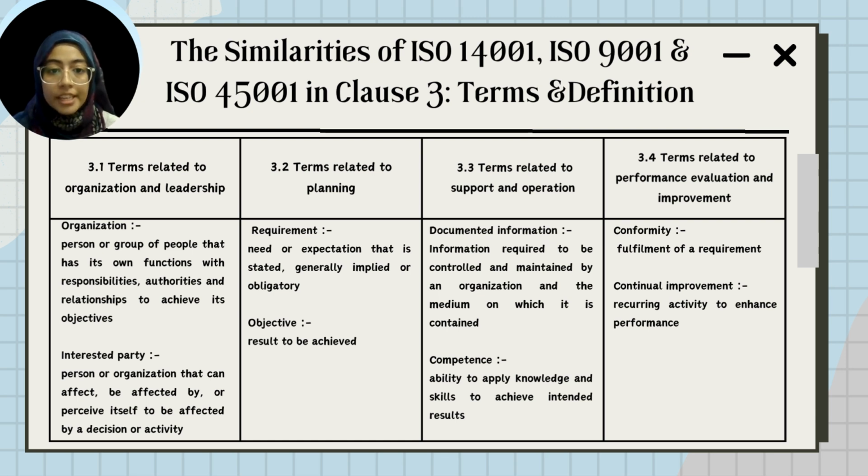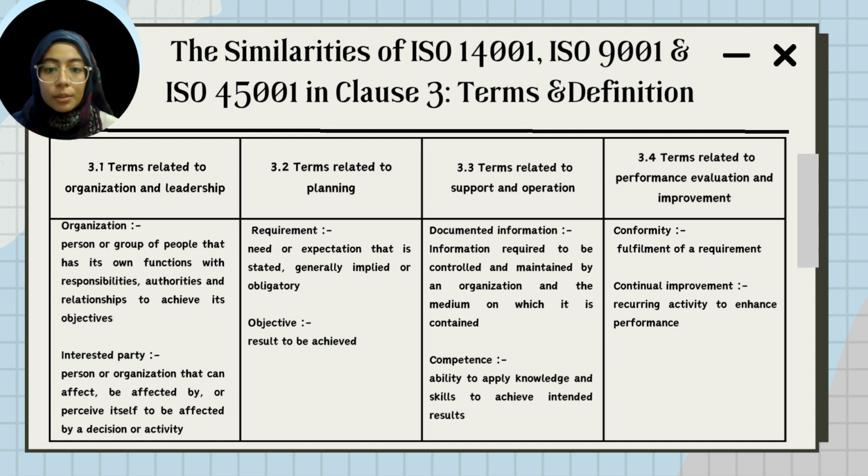Firstly is requirement: need or expectation that is stated, generally implied or obligatory. Objective: result to be achieved. Next, 3.3, terms related to support and operation. First is documented information: information required to be controlled and maintained by an organization and the medium on which it is contained.